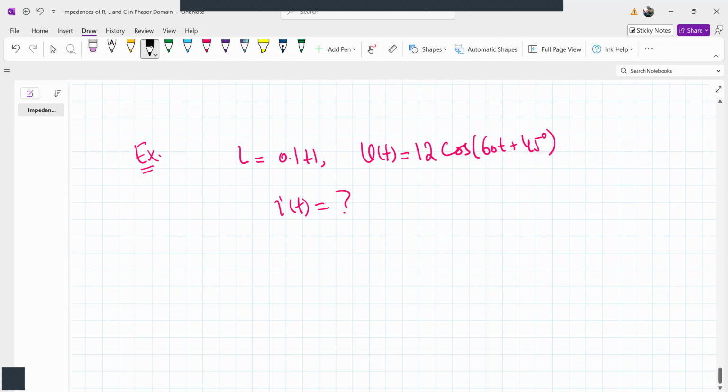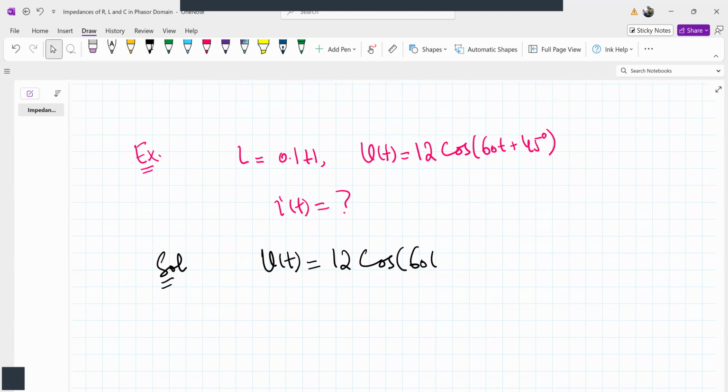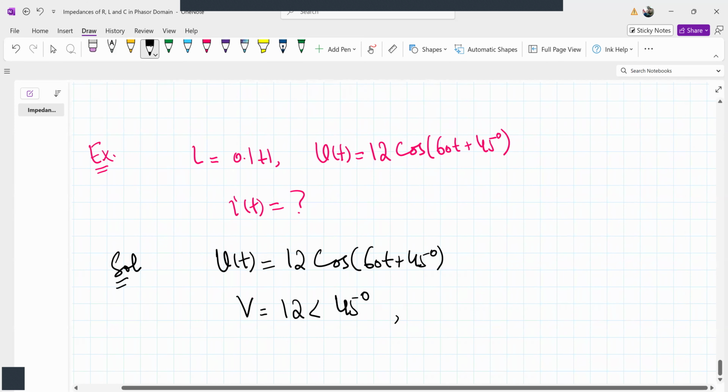So voltage v of t is given as 12 cosine of 60t plus 45 degrees. So we can write this in the phasor form as 12 at an angle of 45 degrees. Okay, so omega here is 60. Omega here is 60.